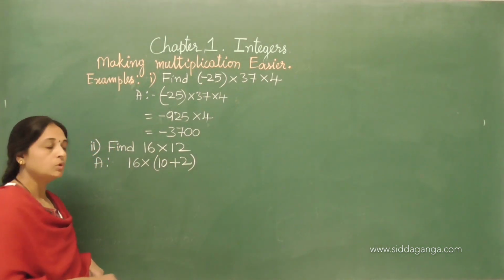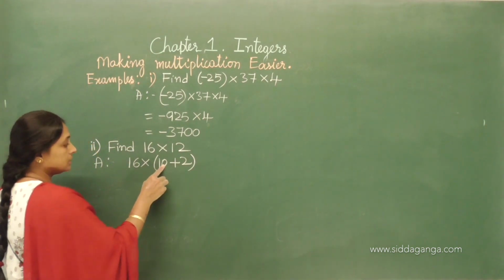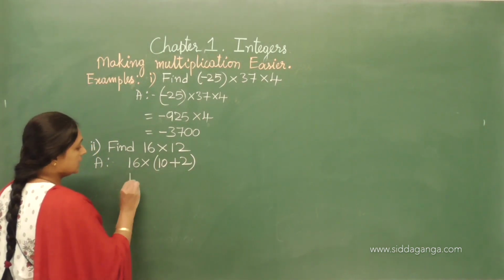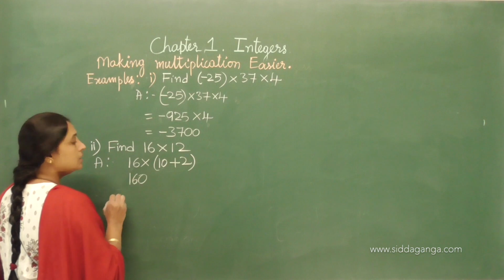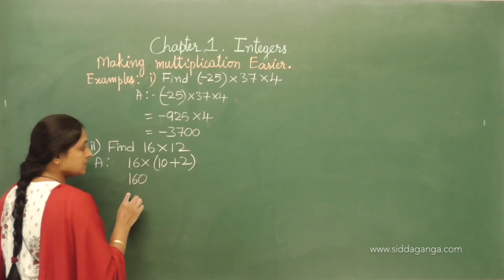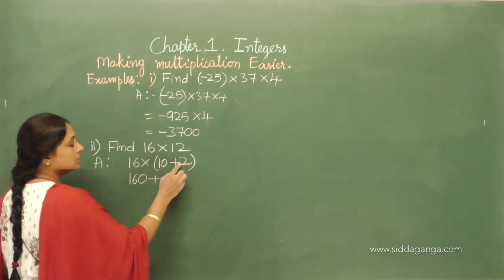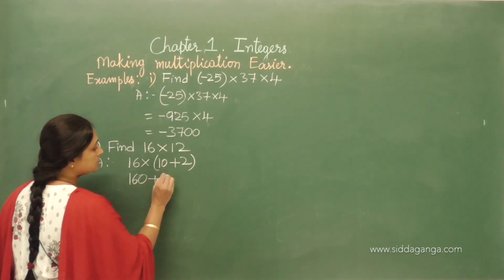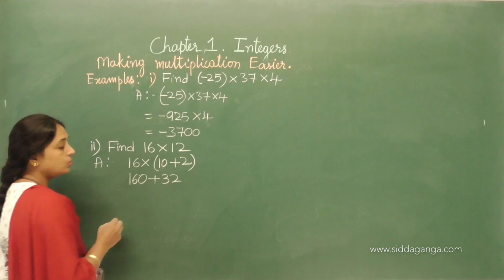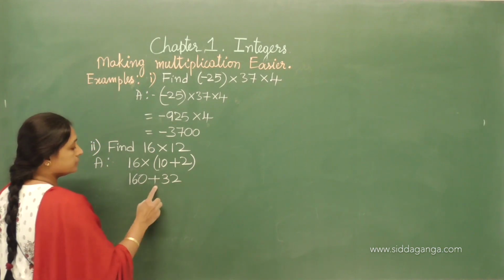Multiply 16 with 10, what do we get? 16 ones are 16, keep 0 here, so 160, plus 16 twos are 32. Then add both of these.